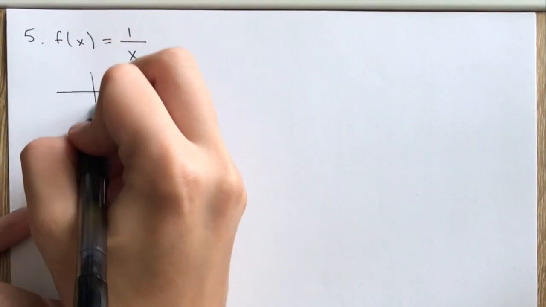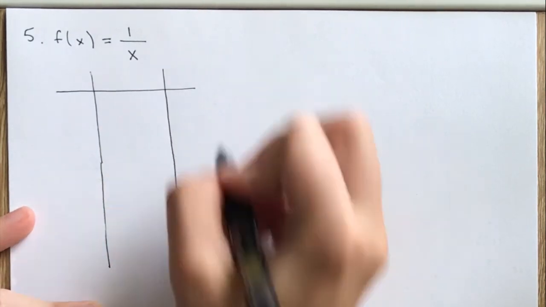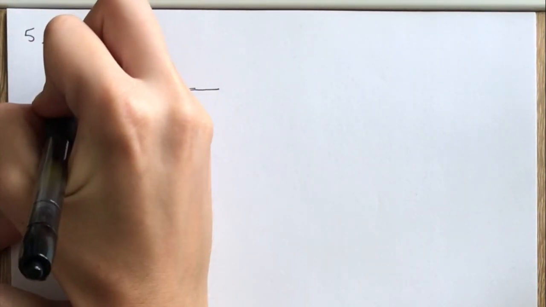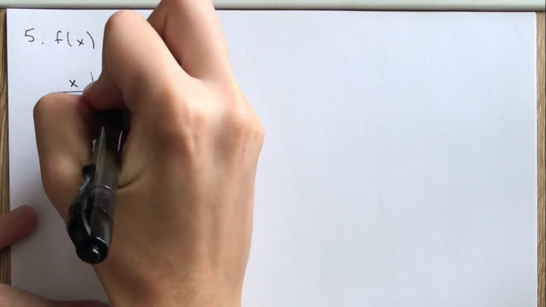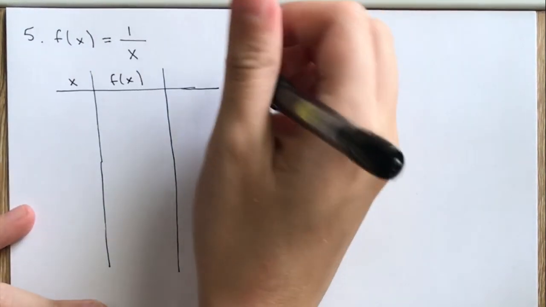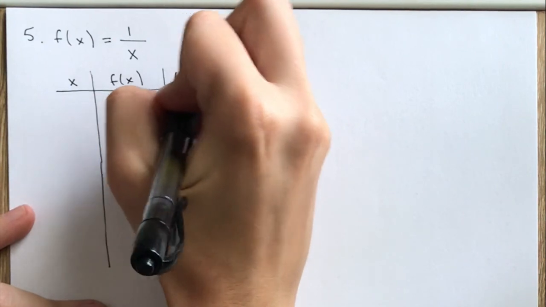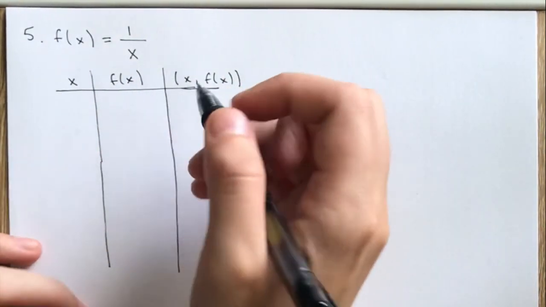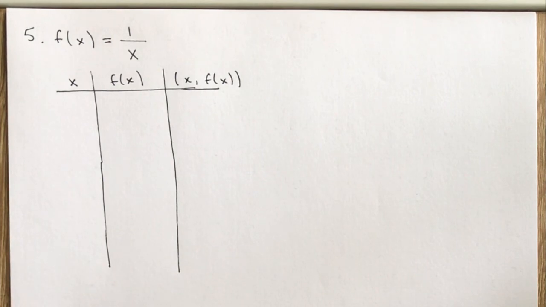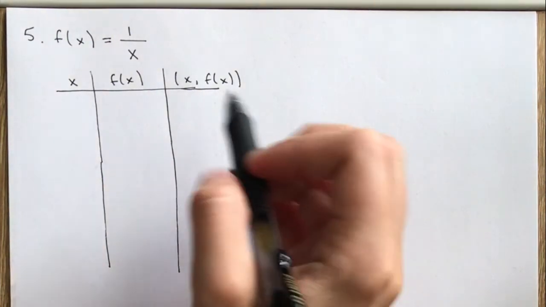In the lab manual, you have this table, and the table says x, and then f of x, and then (x, f of x). Now, f of x, we can sort of think of it as y, so that's what we're doing here. So this is a point.